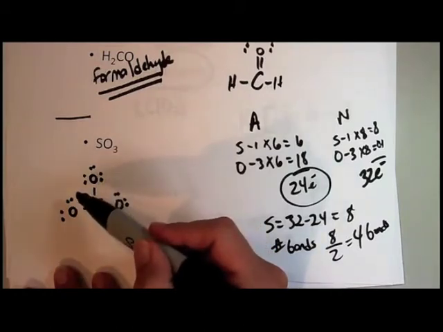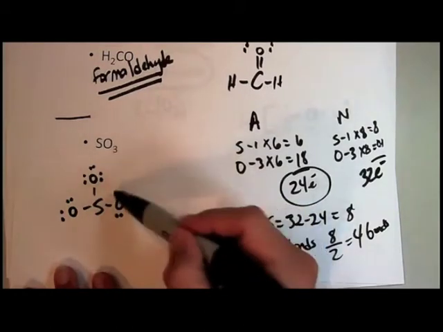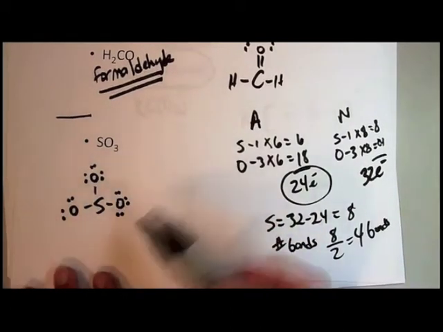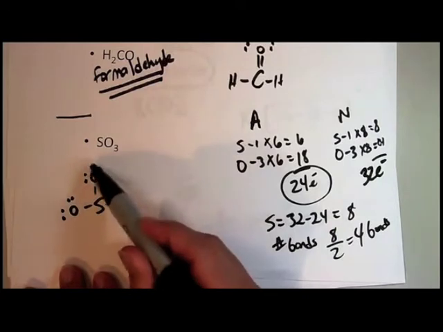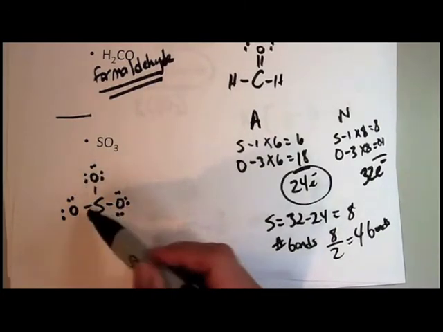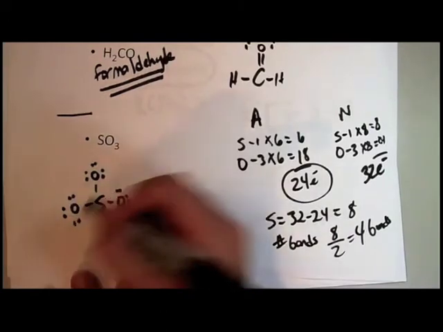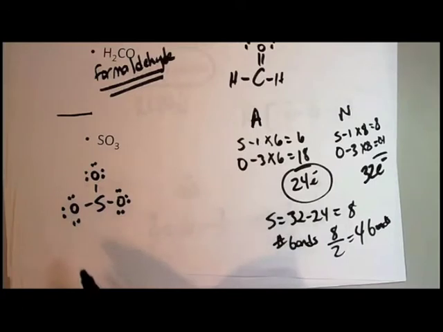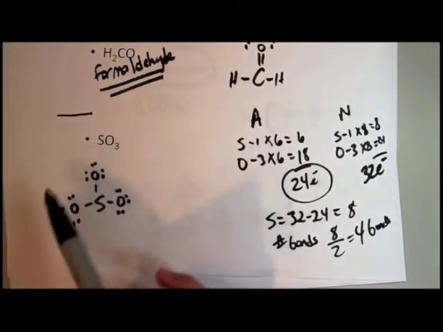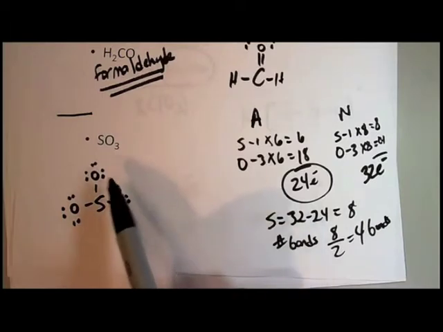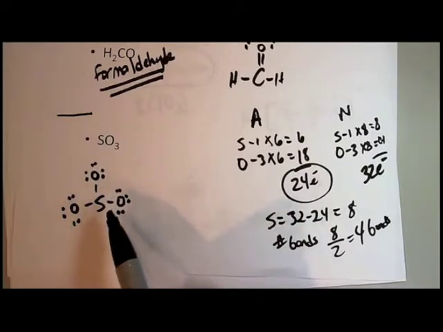Oh wait, I need one more pair here. There we go, sorry. Yeah, 8 plus 8 plus 8 is 24. It's always 24. So I have satisfied the octet for all of my oxygens, but I have not satisfied the octet for my central atom.